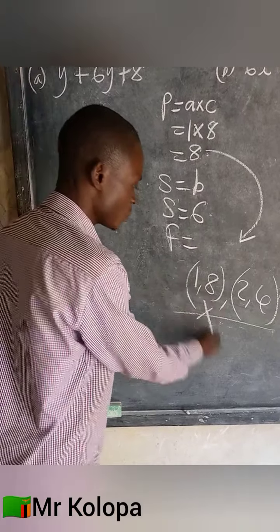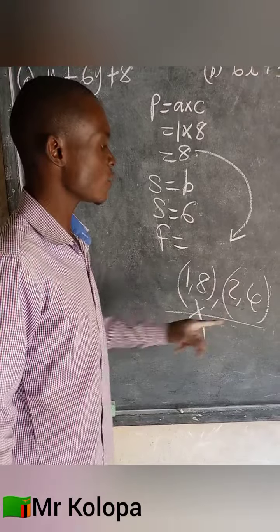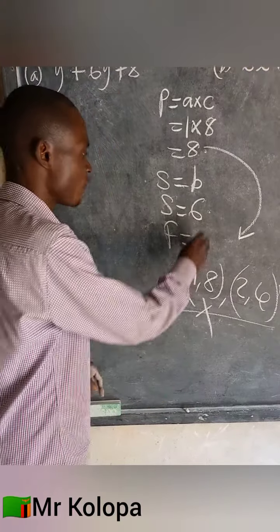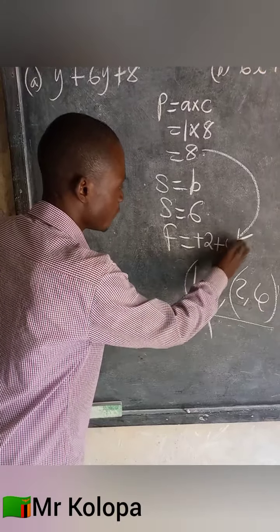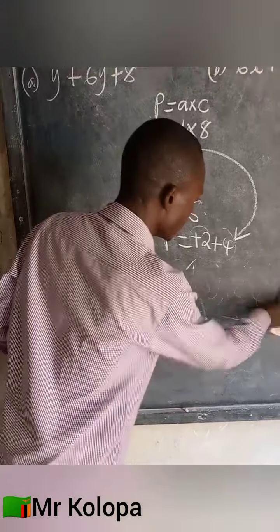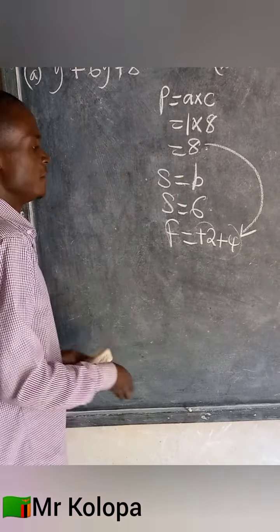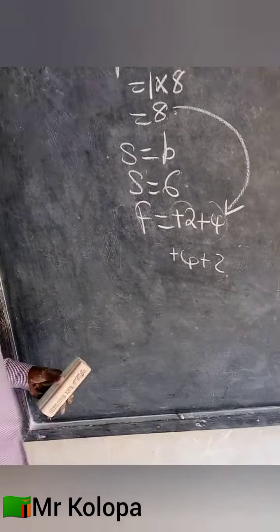So this one is out. Then 2 plus 4, you are getting 6. So this is the group that you are going to get. So we have positive 2 and positive 4. This is the way you are going to write them. On arrangement, it doesn't matter. Even if you say positive 4, positive 2, it's fine.